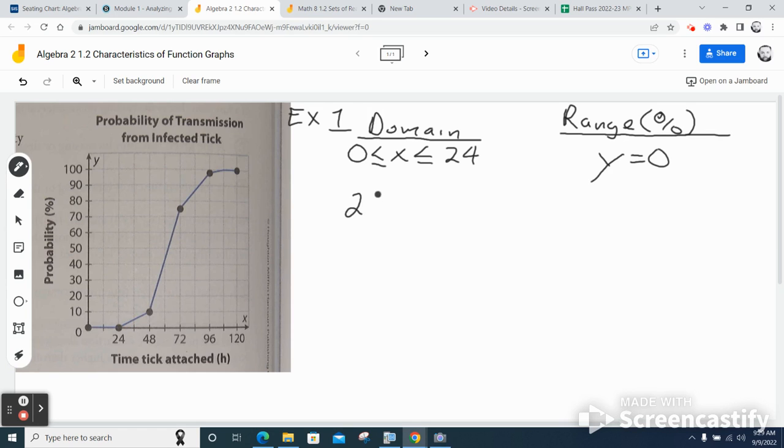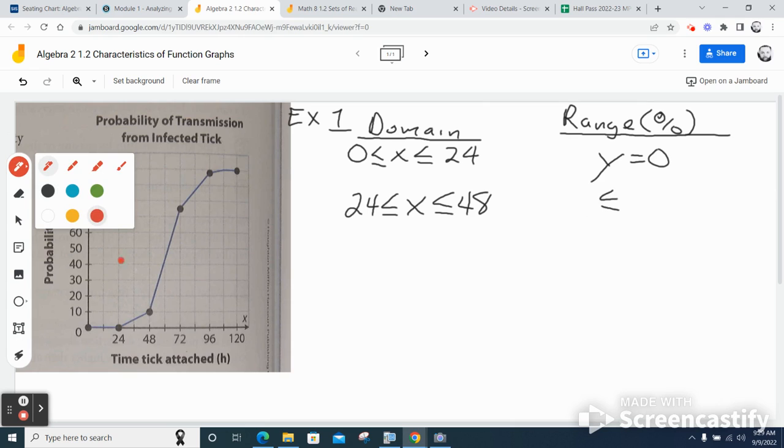From 24 to 48, what's my range? Well, my lower bound is what? For the y. So now we're doing the y values, right, from here to here. So I want to go from here to here.